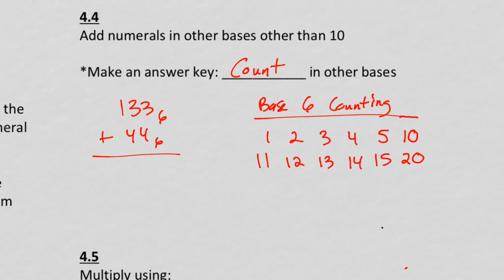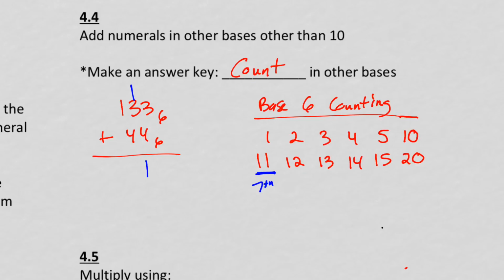Now I'm going to start adding the first column, 3 plus 4. That's 7 items if we were counting, but the 7th item in base 6 would be right here. That's the 7th count, so that's going to be 1, carry the 1.